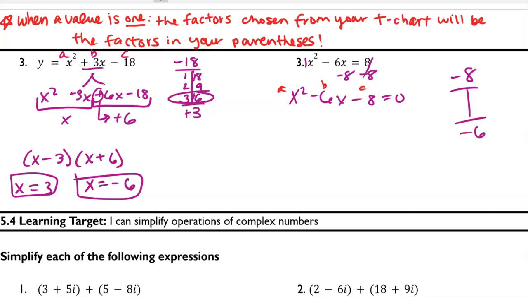So, right, so factors of 8, we have 1 and 8, 2 and 4. Now 2 plus 4 is 6, but how do we get these numbers to multiply to a -8 and add up to a -6?